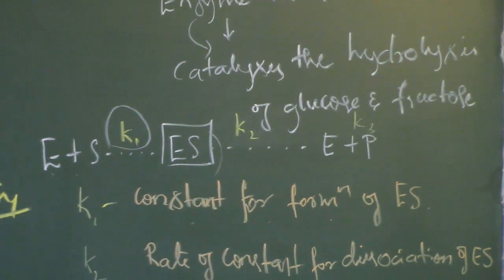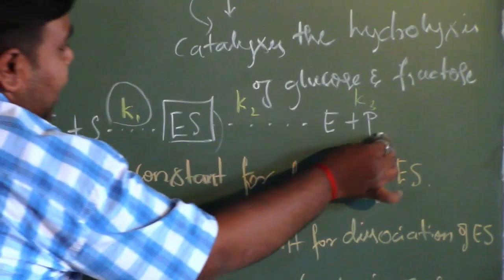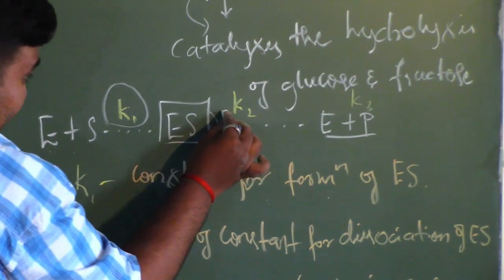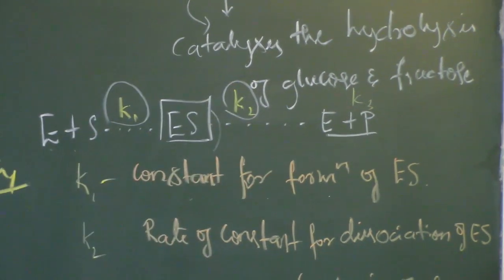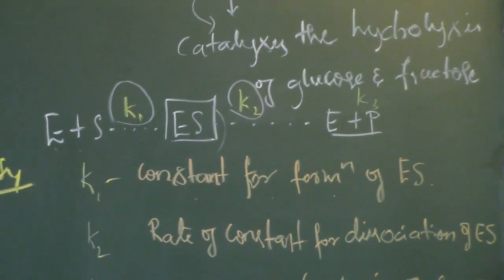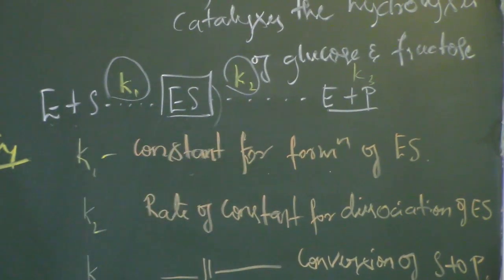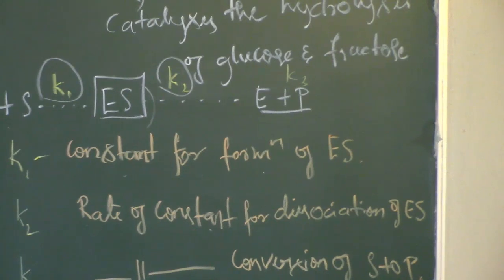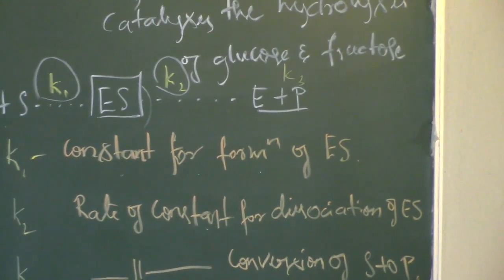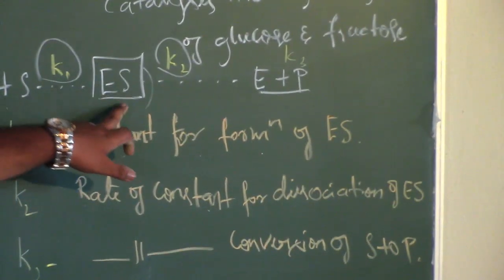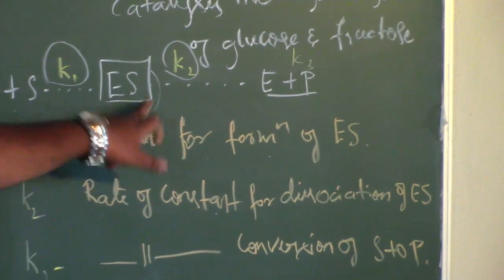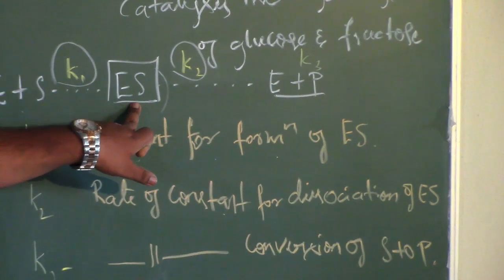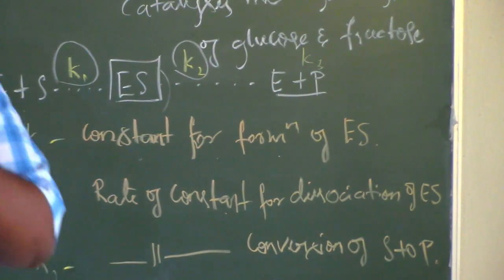The second interval is the formation of E plus P, designated as K2. What do you mean by K2? K2 is nothing but the rate constant for dissociation of ES. Once this enzyme substrate complex is formed, there should be a formation of a product.